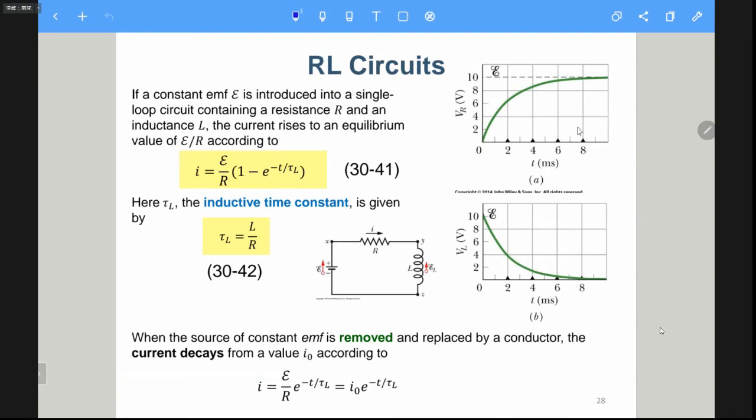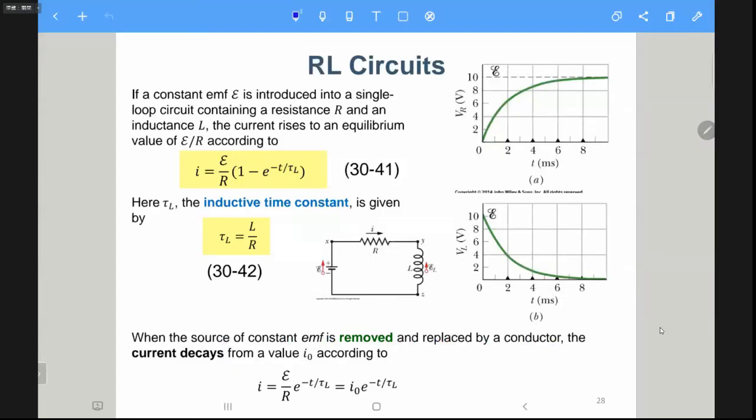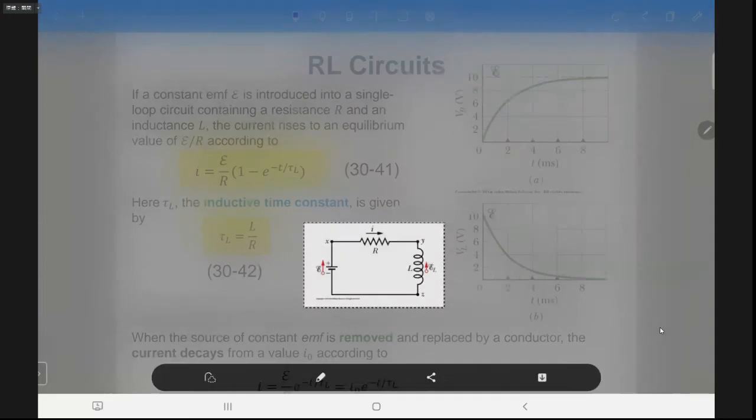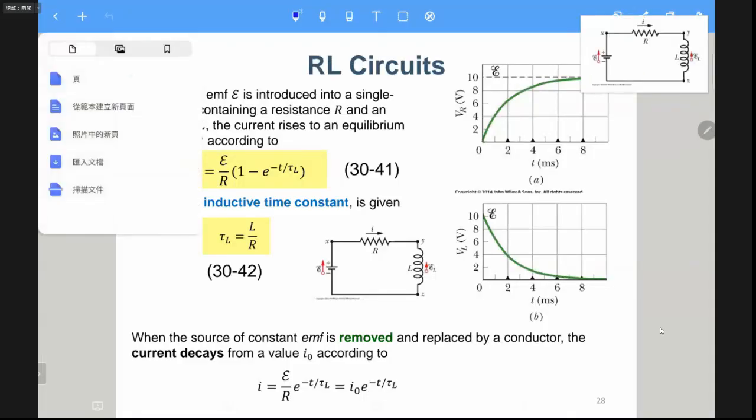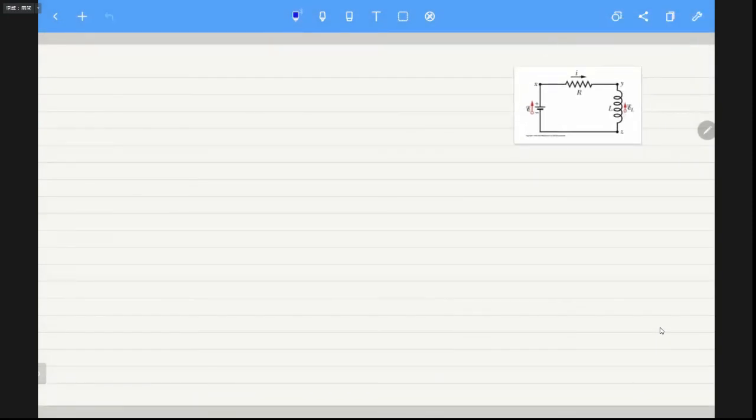So this is quite simple. We have a circuit like this.